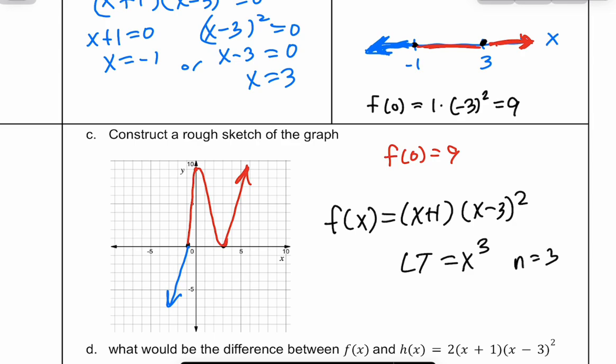Do you see how this factor here had an even power on it, had a square on it? Anytime we have a factor that repeats an even number of times, that factor will always provide in the graph what I call a bounce.